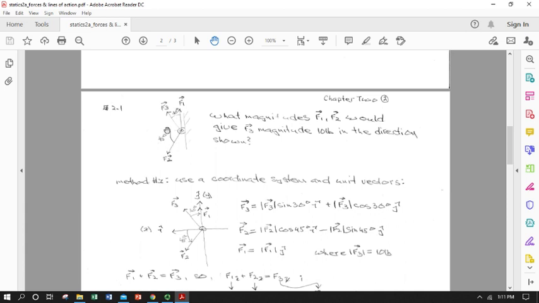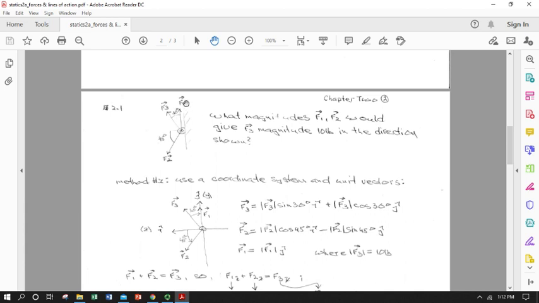So this angle 45 degrees is with respect to the horizontal. Somebody wants to know what magnitudes of F1 and F2 would give an F3 magnitude of 10 pounds in the direction shown.